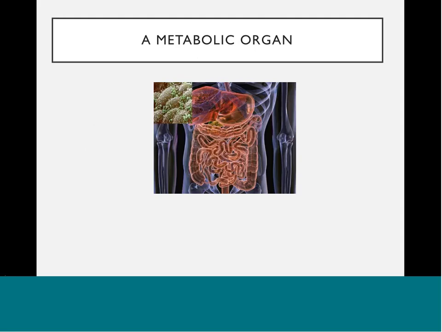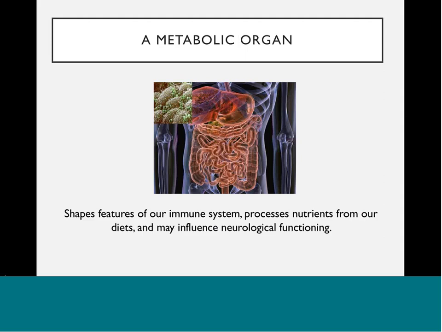And these microbes have some important influences. The gut microbiome is essentially considered a metabolic organ. It shapes features of our immune system. It processes nutrients from our diets. And there's increasing work focused on the possibility that they might even influence neurological functioning. And that body of work, I think, is especially accelerating.